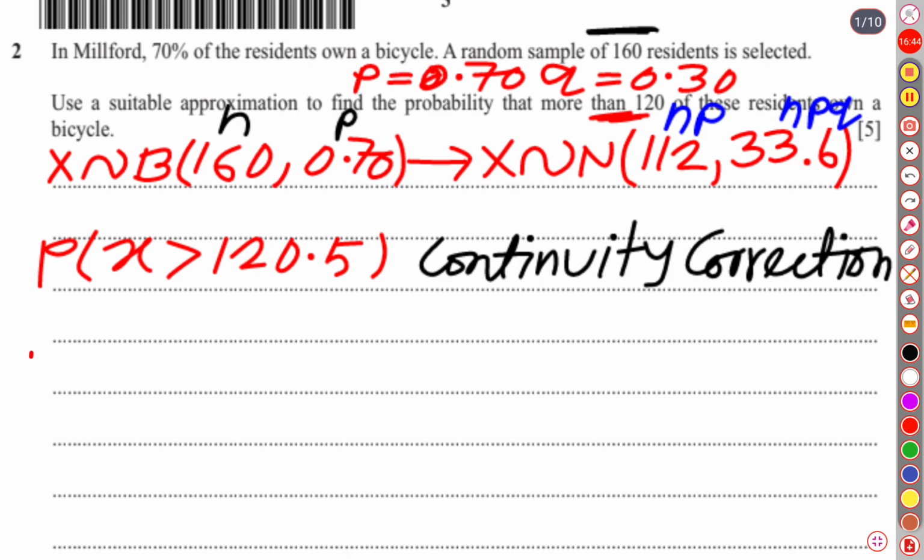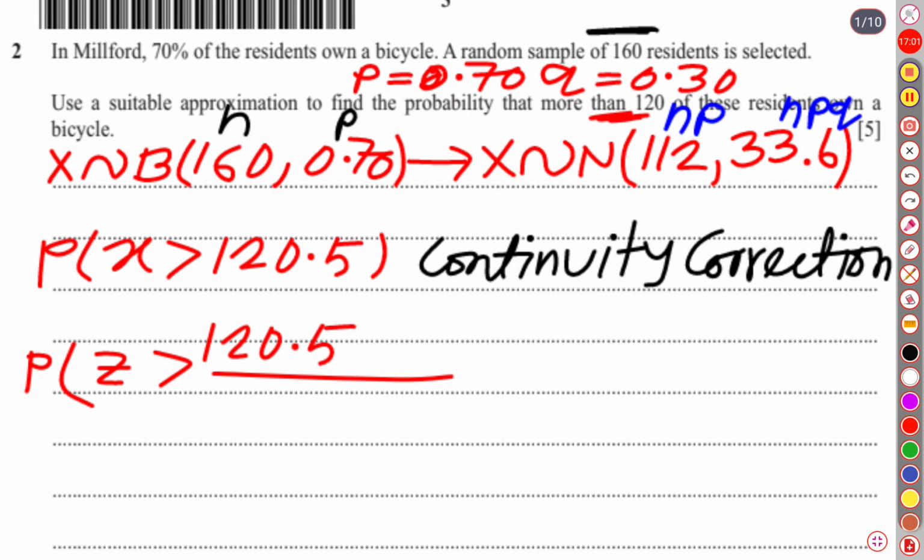After that, if we standardize our score, it is going to be z greater than, you know how to standardize this score. Our x minus mean. Our x is how much? 120.5. 120.5 minus our mean, which is 112, and the standard deviation is the square root of our variance, which is 33.6.